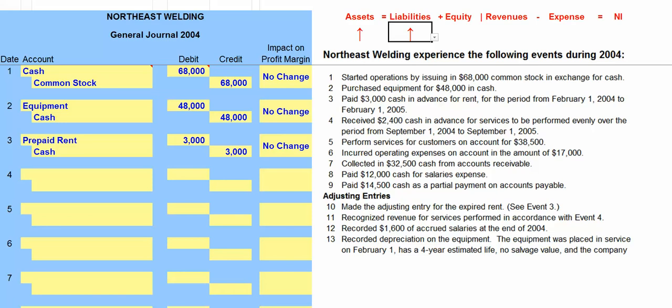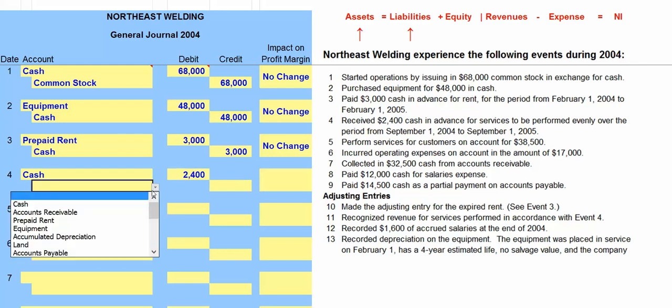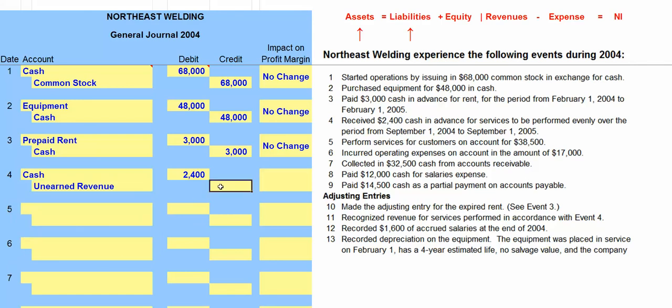As we perform our service, we will decrease the liability and record a revenue. In terms of our journal entry, the increase in cash is a debit for $2,400, and the increase in unearned revenues is a liability, and we record increases in liabilities with a credit. Once again, there's no change to revenues or expenses, so there's no impact on profit margin.